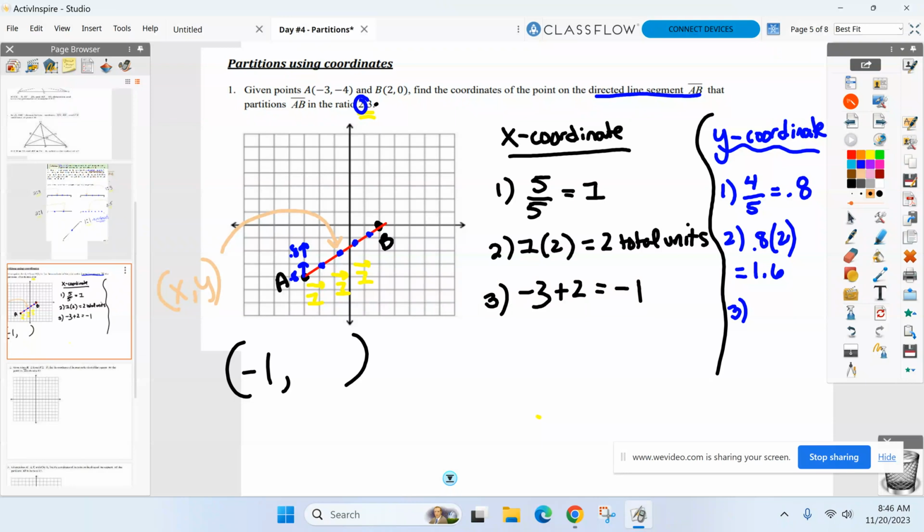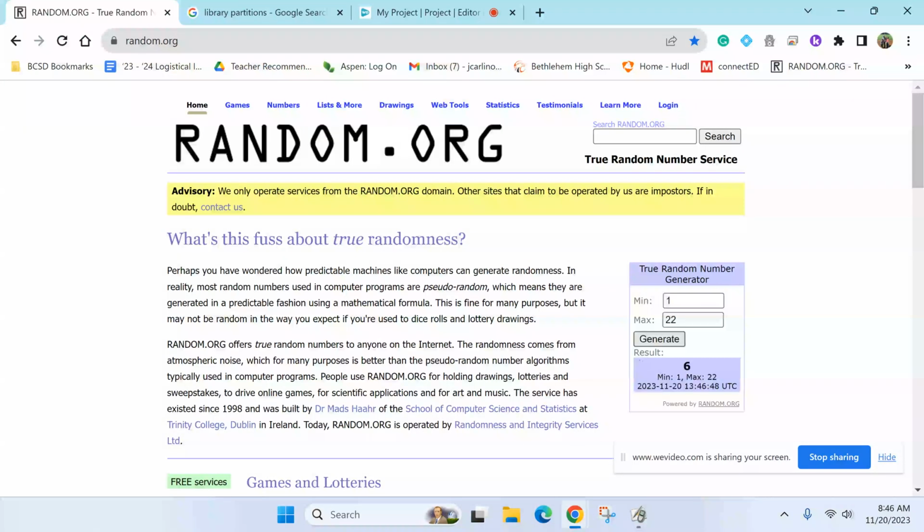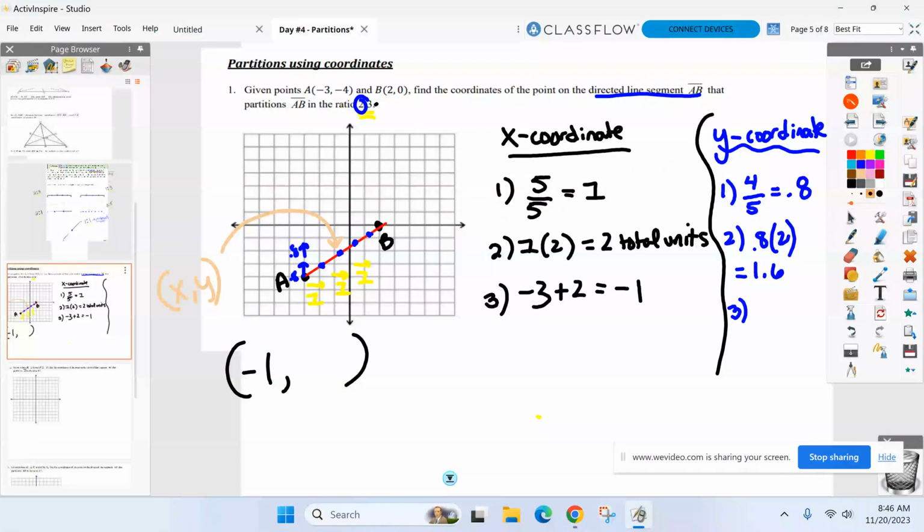And speaking of the start, where did I start on the y-axis again? Alyssa, where did I start again? On the y-axis, where did I start? -4. So from -4, I go up 1.6. And where do I land on the y-axis now?